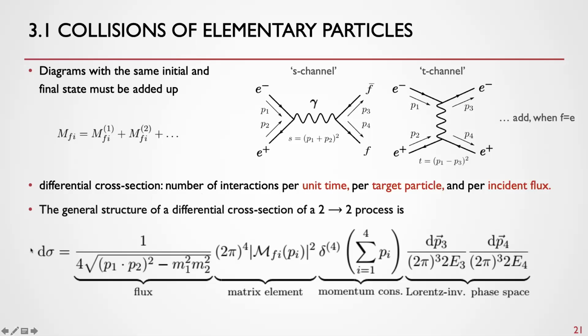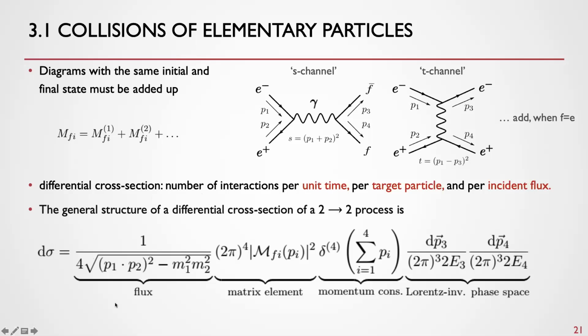The general structure of the differential cross-section of a 2-to-2 process comes from scattering theory and is given here. So the differential cross-section d sigma has a flux factor. Remember when we calculated the luminosity, we had a factor 2 times delta, the relative velocity of the two particles.